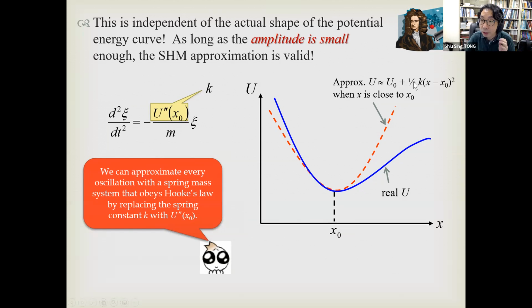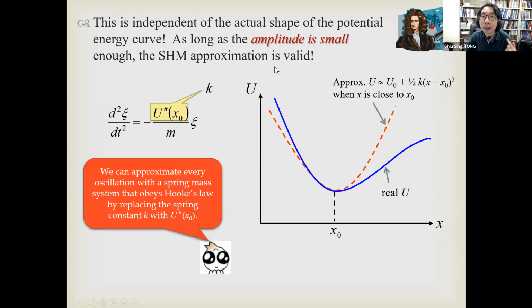The force constant of the spring now becomes the second derivative of the potential energy curve, which will be a good approximation to that oscillation, and we can solve the oscillation just like a spring mass system. So this is the idea behind it.